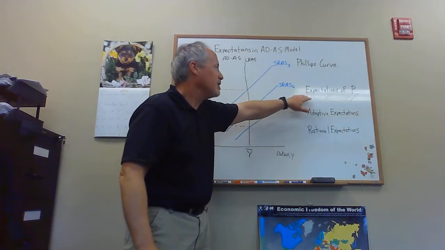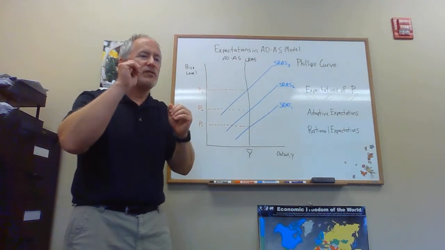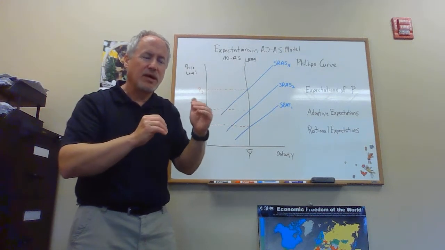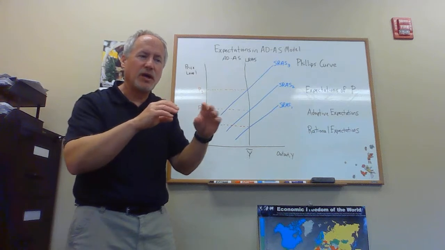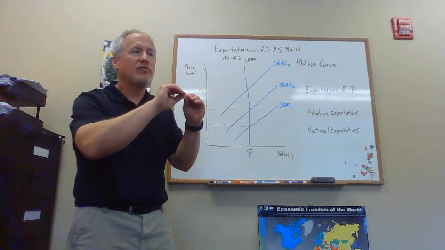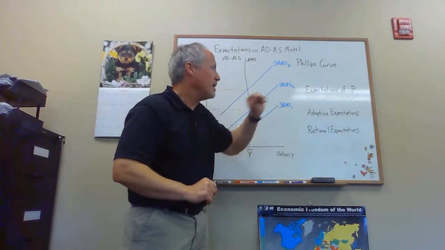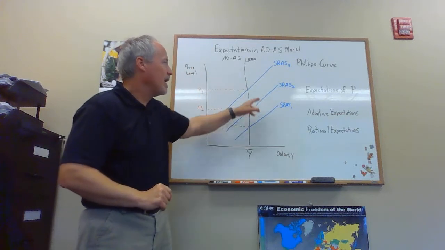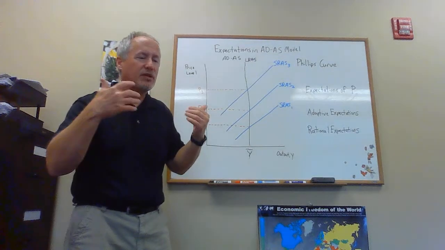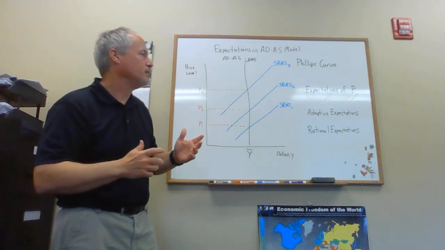So it's expectations of the price level that people are using when they're setting these wage contracts, or you're setting the prices in the Sears catalog, whatever prices you can't adjust very easily because of menu costs and other factors, whatever prices you have to lock in for a period of time, you lock them in based on your expectations of the price level. And these short run aggregate supply curves reflect the price level that people expect to prevail during the period of time that you have to lock these prices in place.